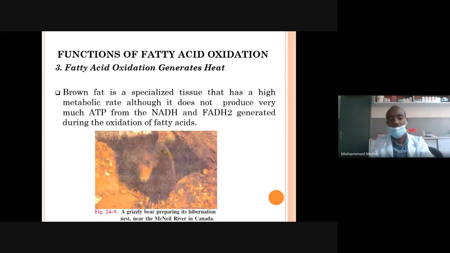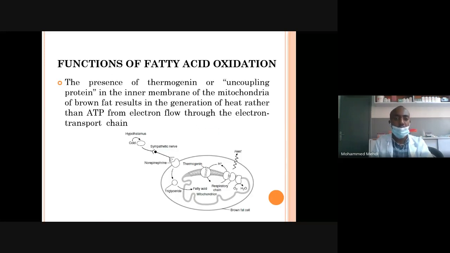It is leaked into the matrix. As a result, the energy found in the electron or proton will be lost as heat. So we have thermogenesis, or heat generation, upon this fatty acid oxidation. This is the third fate of fatty acid in our body.